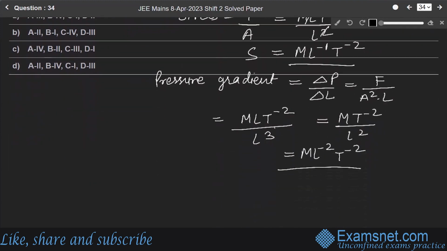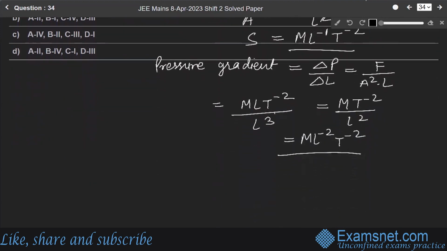Now, coefficient of viscosity. For it, the force is equal to 6 pi eta r v. 6 pi is a constant. So eta, the coefficient of viscosity, will be equal to F over r into v.